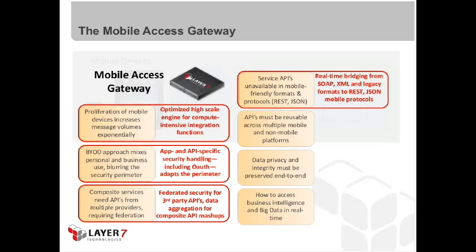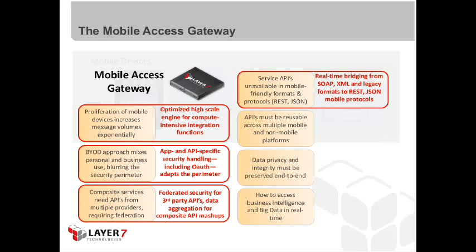So the gateway functions to, for example, if you have SOAP-based services in your enterprise or other formats, maybe you've got MQ formats for enterprise services, the gateway can actually bridge that traffic and turn those into RESTful invocations and turn that into JSON-based data. The other thing that's key here is not only the protocol bridging, but data filtering.